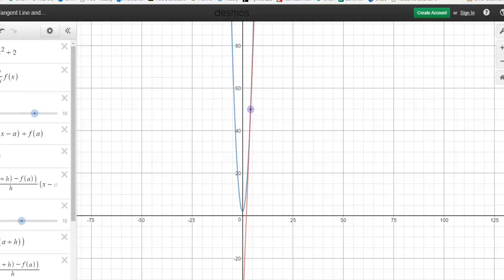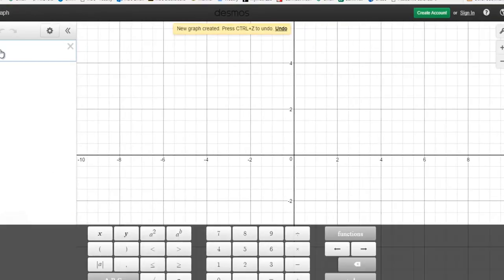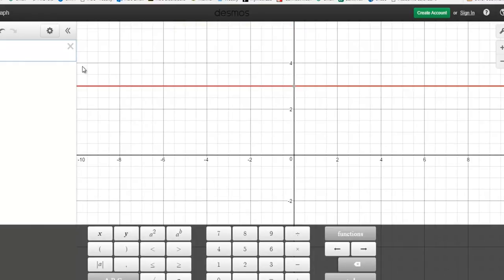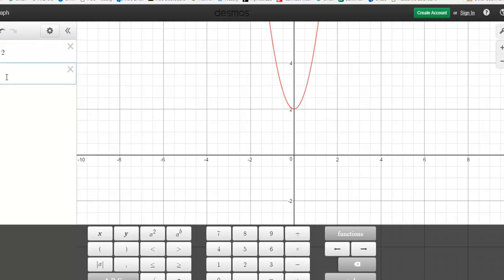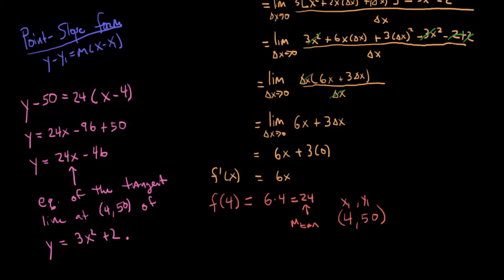Now let's just create a new blank graph here. Okay, we had y equals 3x squared plus 2, and what was our equation of our tangent line?